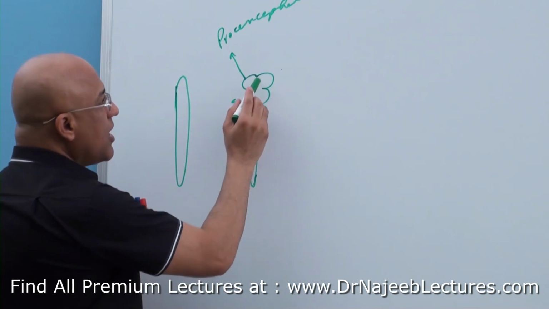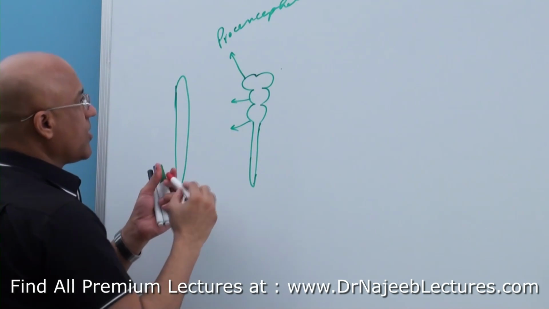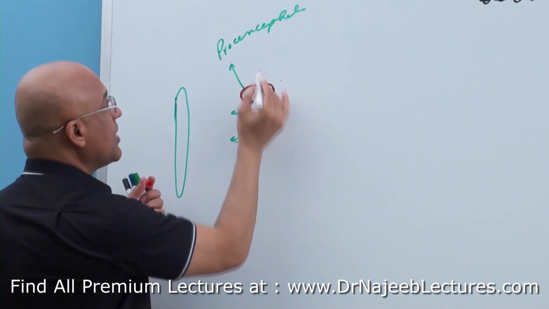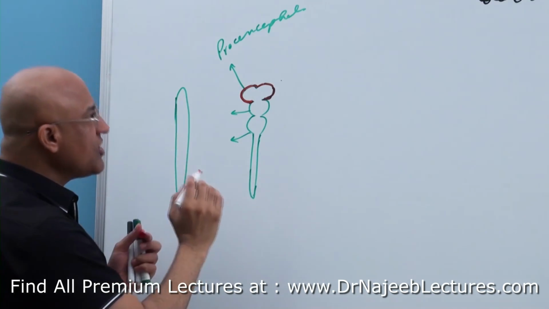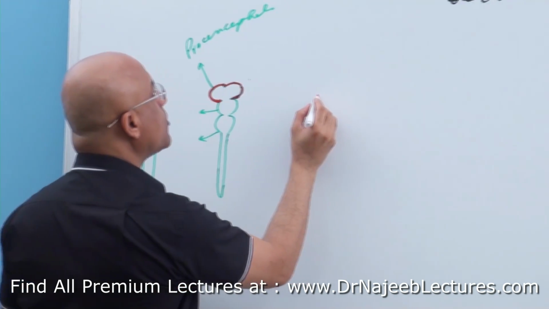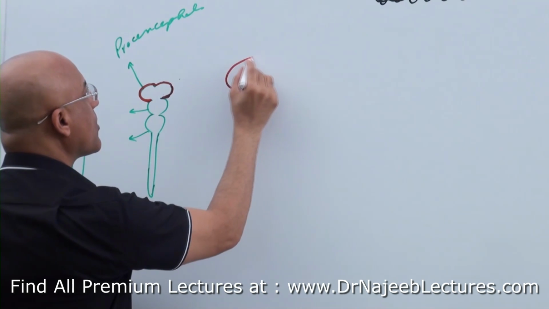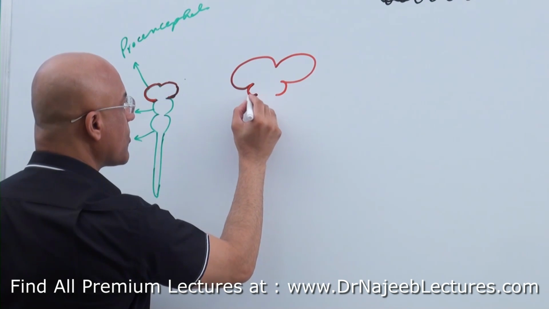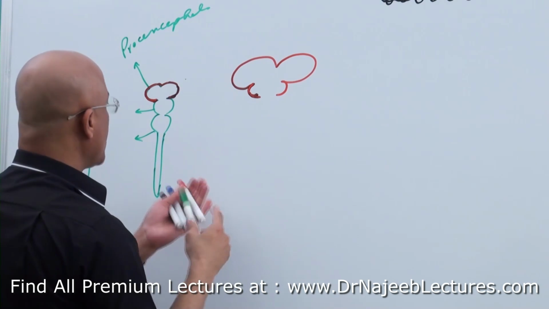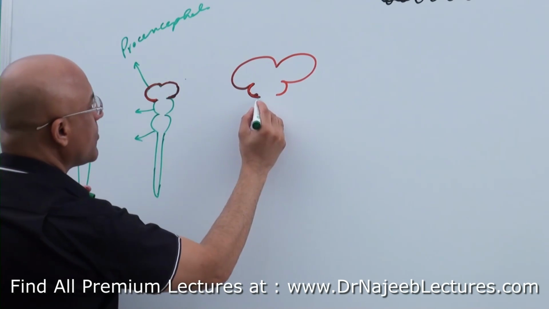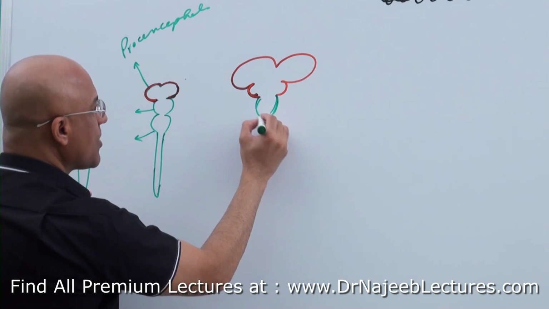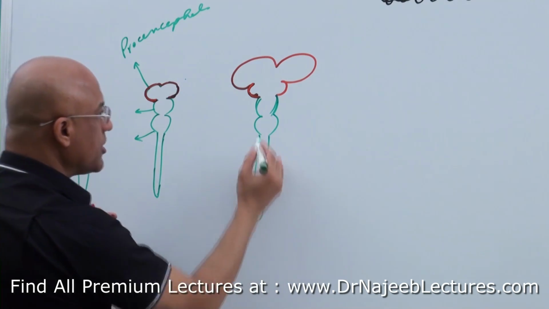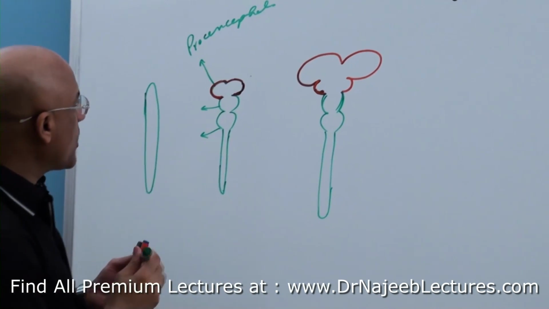Now, this is your prosencephalon. Prosencephalon with further development divides into two parts. And here is now your mesencephalon. And what is this? Rhombencephalon. And here is the remaining neural tube, right? Now look at it.